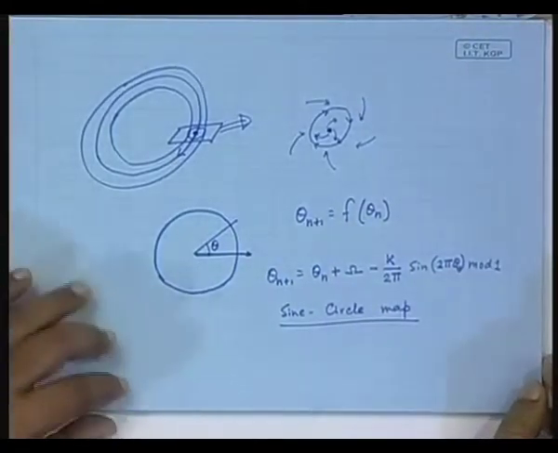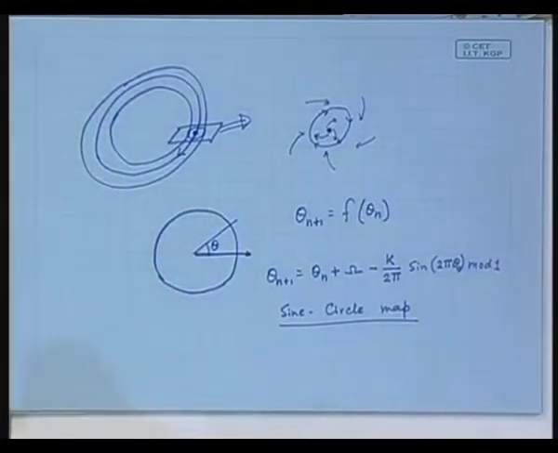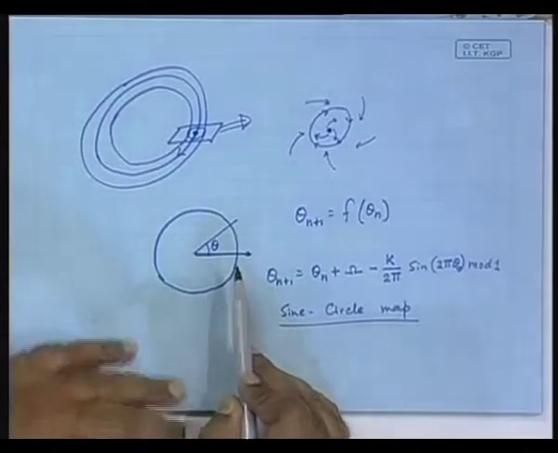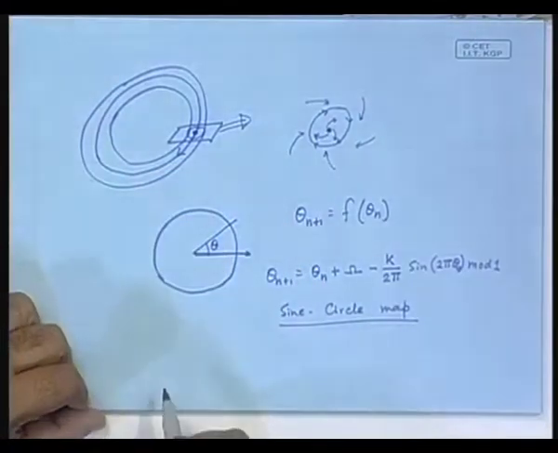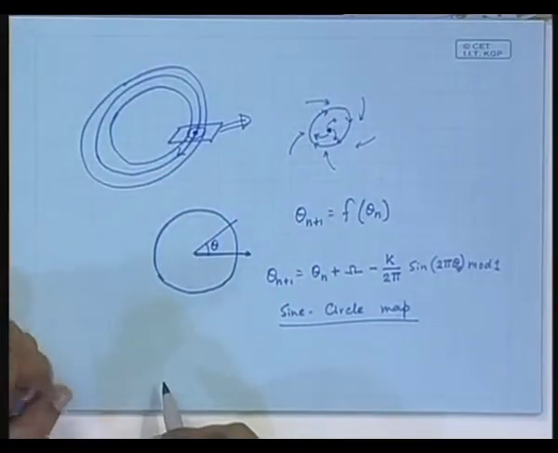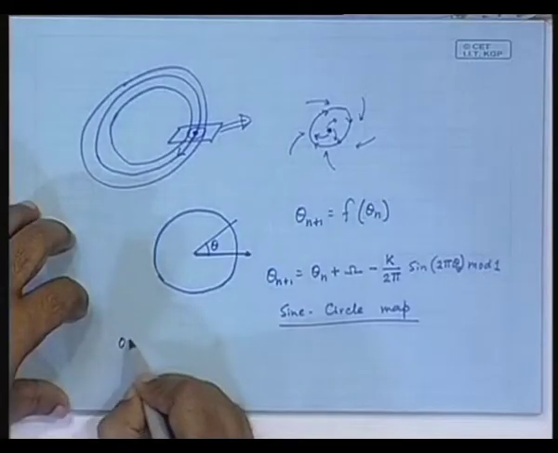So, we had taken the sine circle map, and then we had gone ahead with this argument that if this is the representation of the dynamics as it turns, then we can identify very easily the situation when there would be a mode locking, 0 to 1 mode locking.